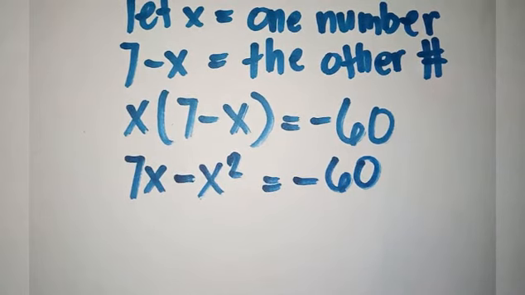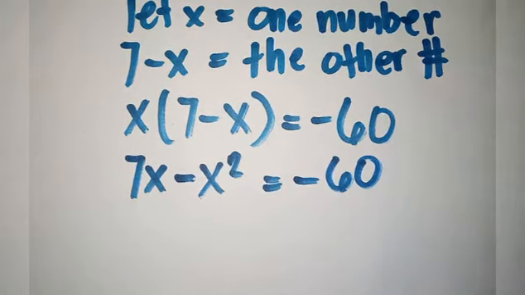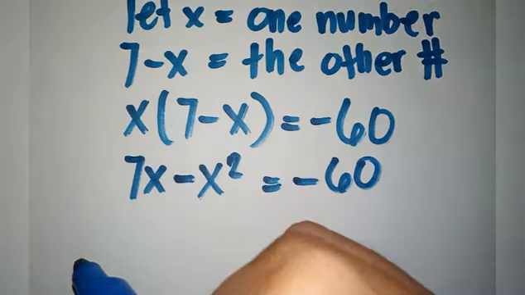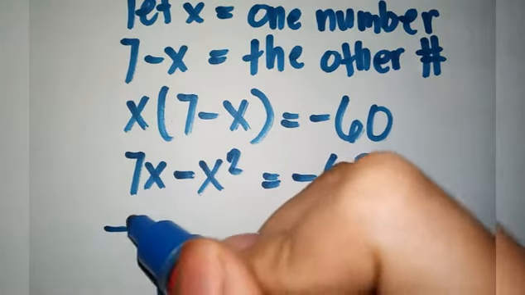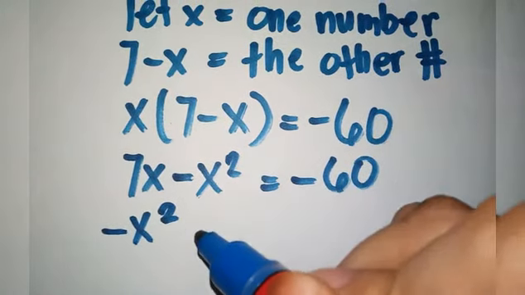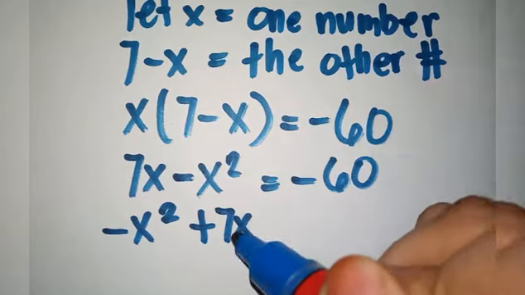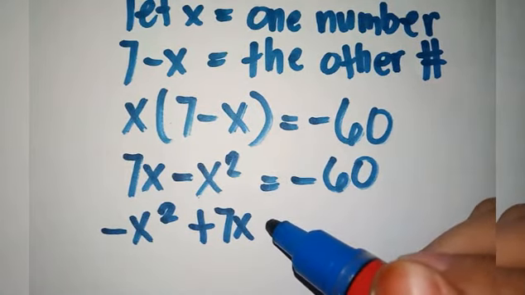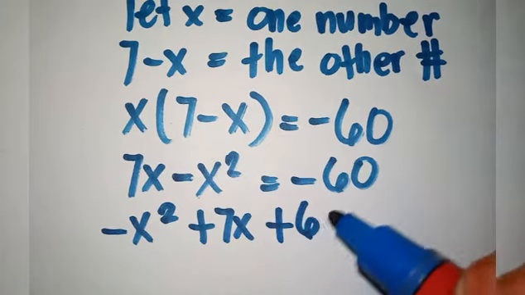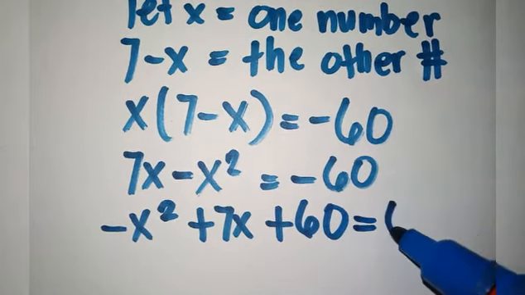Okay, after that, i-arrange na natin yung equation into descending order. So, isusulat lang natin, we have negative x squared plus 7x. Ito, ilalagay na natin doon. So, magiging positive 60 is equal to 0.